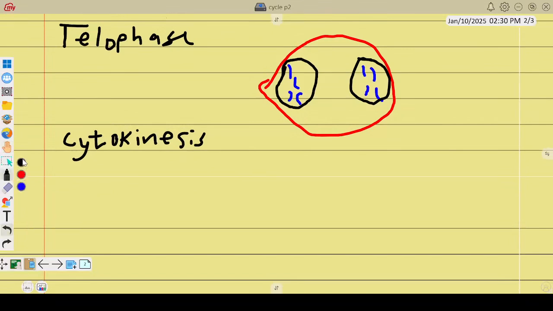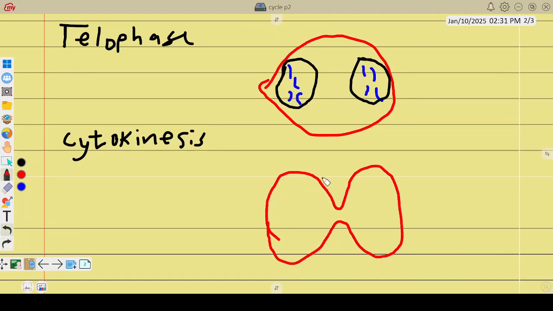After telophase, there will be a cleavage furrow, whereby the cell will squeeze in the middle. How does this look? The cell was looking like this, kind of circular, but here there will now be a cleavage furrow, where the cell is squeezing at the middle.